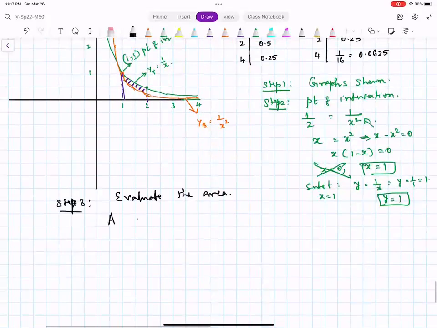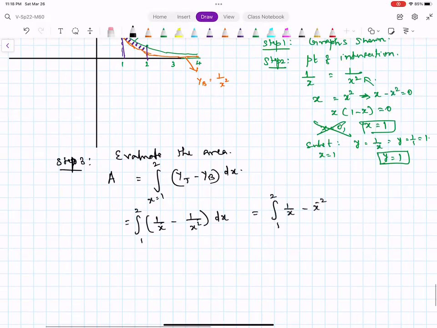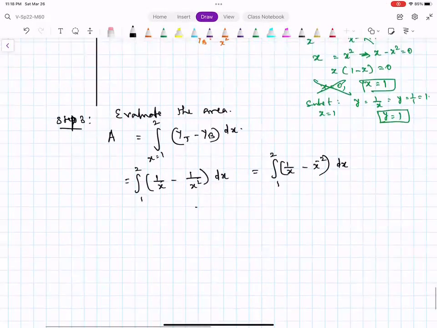So A equals the integral, x varying from 1 to 2, of y top minus y bottom dx. In this interval 1 to 2, the top curve is the 1 over x graph. The bottom graph is 1 over x squared. So it is the integral from 1 to 2 of 1 over x minus x to the negative 2 dx. In order to integrate, we want to write it like that.